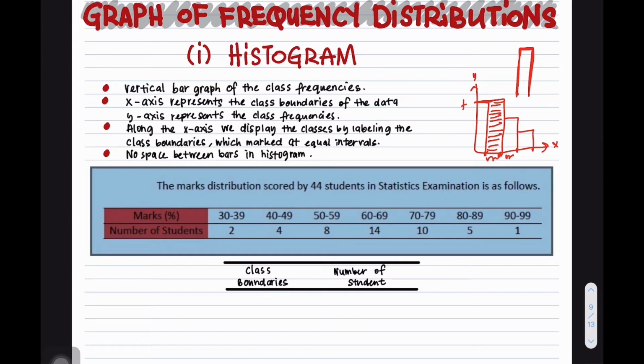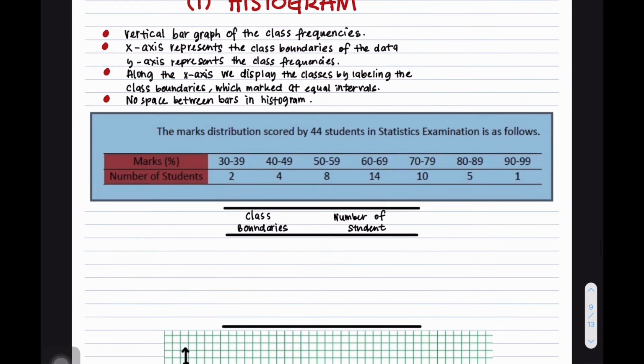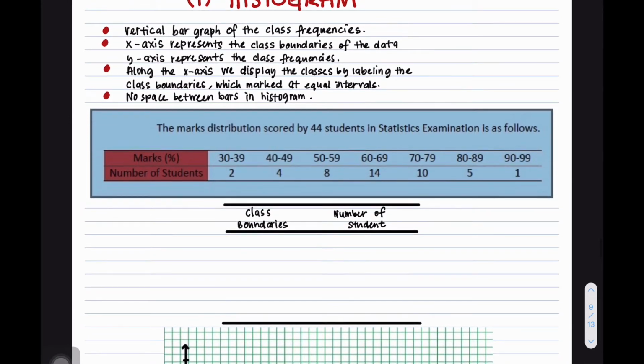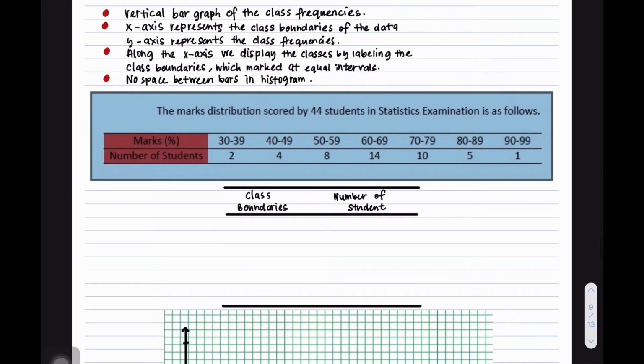Okay, so let's see how we can construct a histogram. Okay, for this data, now we have a quantitative data. Kalau awak tengok, the data is about marks in percent for the class. The mark distribution scored by 44 students in statistics examination. So ini adalah data kita. So yang dibagi kita ni adalah marks, dalam bentuk class interval.